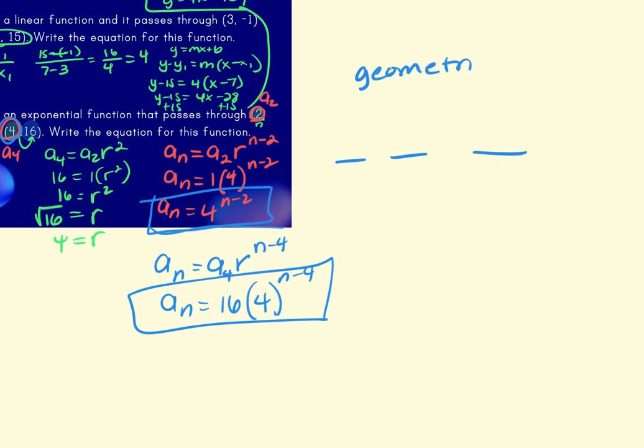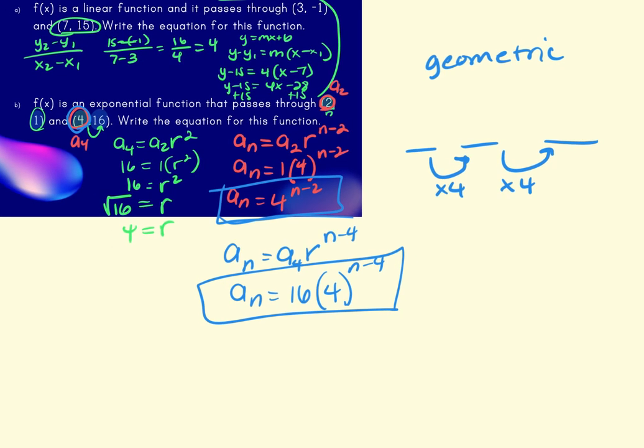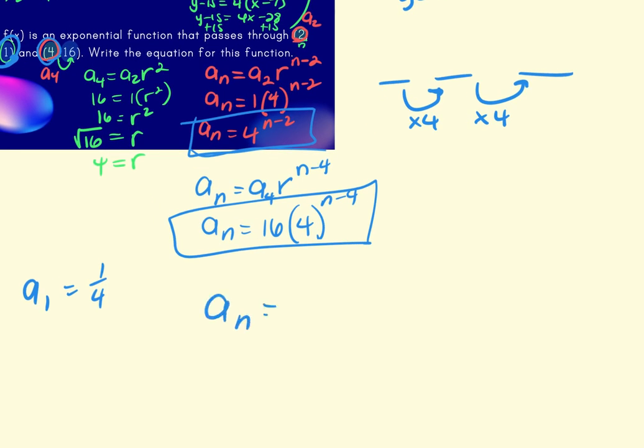Do you know R? Multiply by 4. If I went from here to here, I'm multiplying by 4. So if I wanted to go backwards, what do I have to do? Divide by 4. So if A2 is 1, what's A1? 1/4. Does that make sense? So another way to write this is an equals 1/4 times 4 to the n minus 1. That's your initial function.